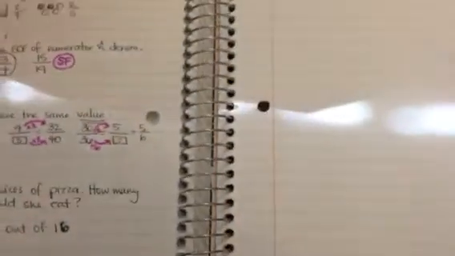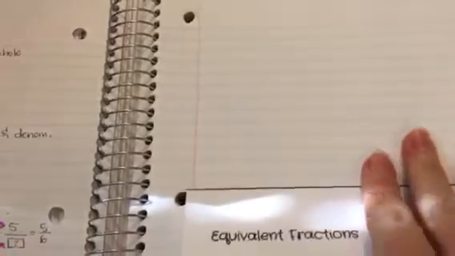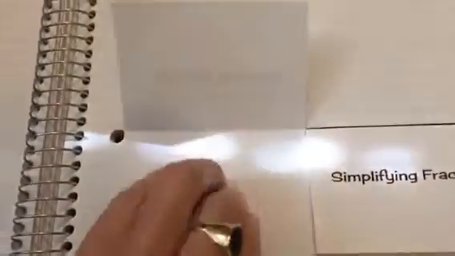On the next page of your notebook, you're going to get a foldable that looks like this. And I folded it in half and then I cut it on the dotted line. And you're going to glue this in, but you're going to do 3 examples under each one. So I'm going to open this up and I'm going to show you what the 3 examples that you need to do are.